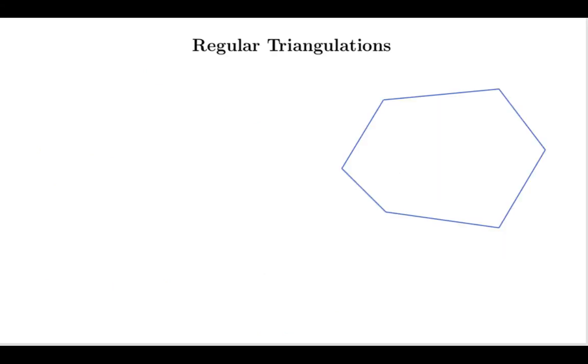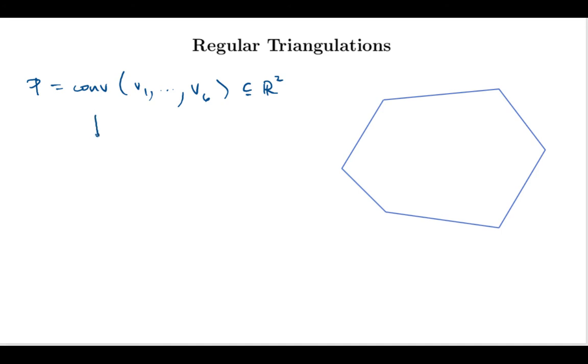So let me show you what happens with the hexagon from before. So what we have is polytope P. Let's say it's given as the convex hull of, in this case, 6 vertices, and it lives in R2.